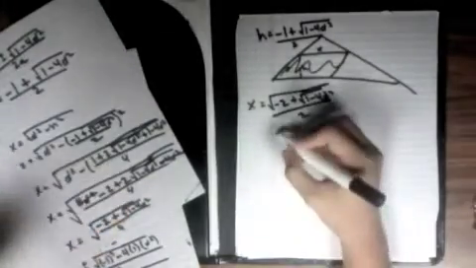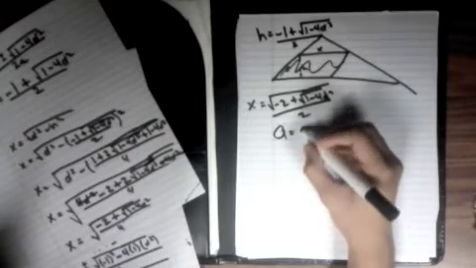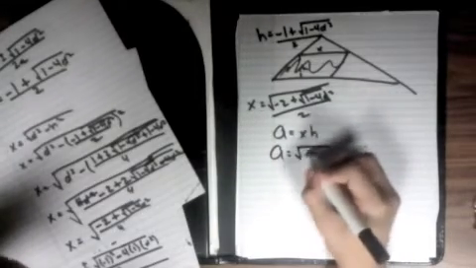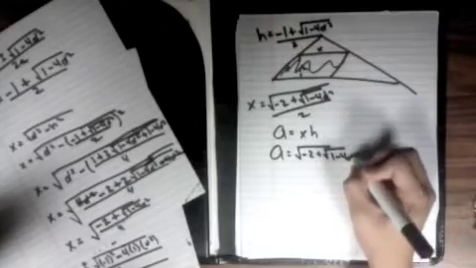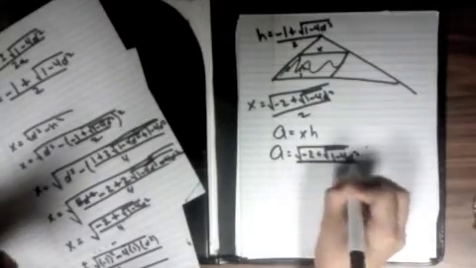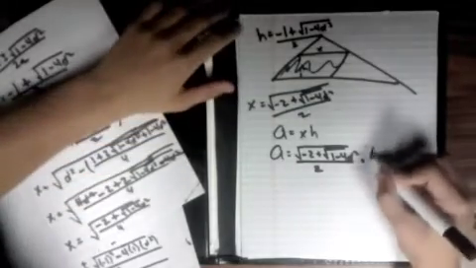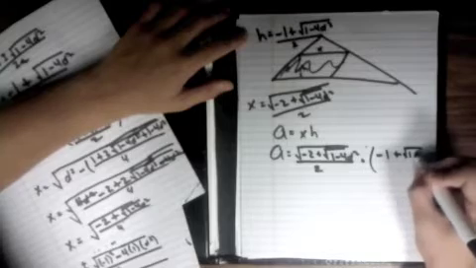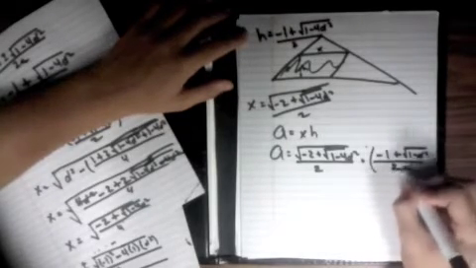So, now, the area of this parallelogram would be x times h. And we have that x is equal to the square root of negative 2 plus the square root of 1 minus 4d squared over 2 multiplied by negative 1 plus the square root of 1 minus d squared over 2.